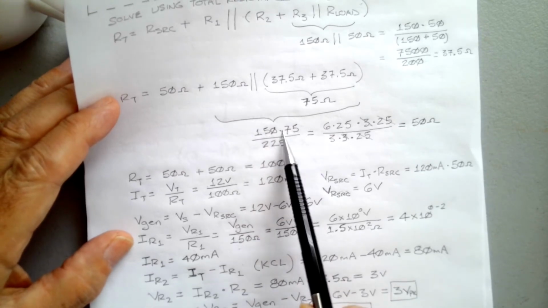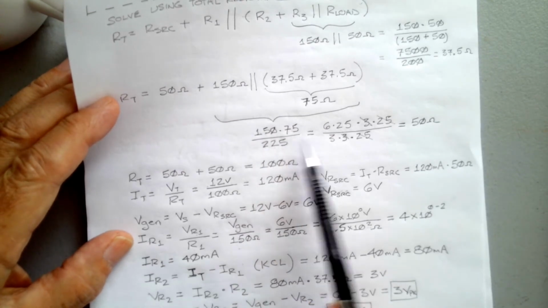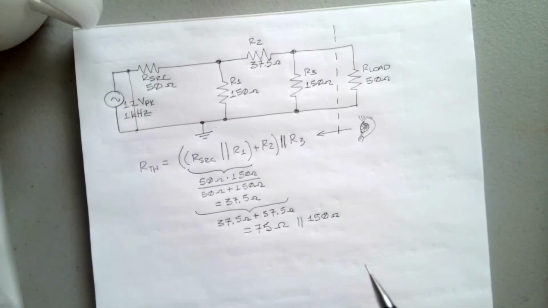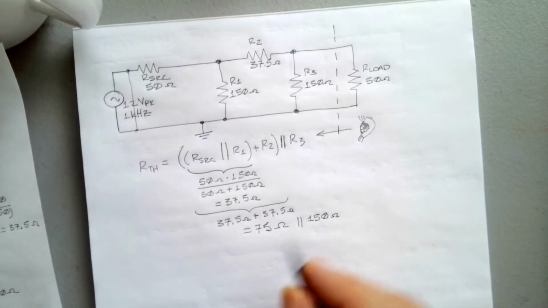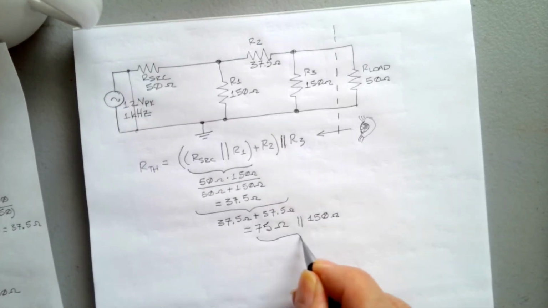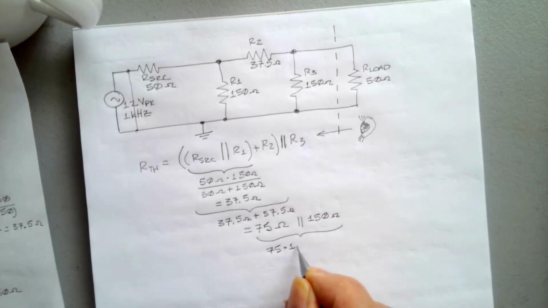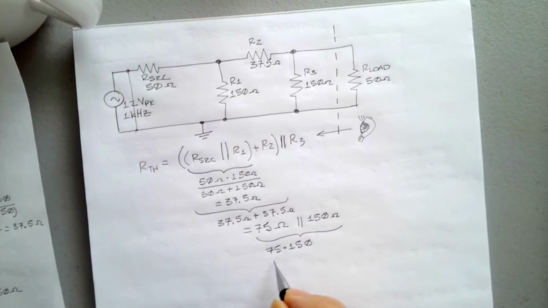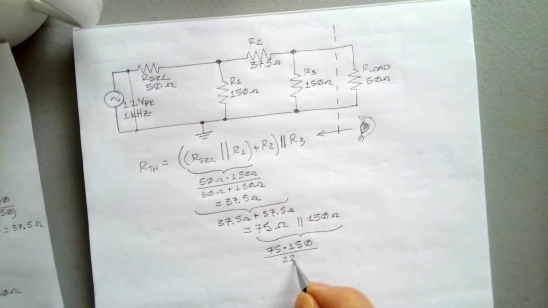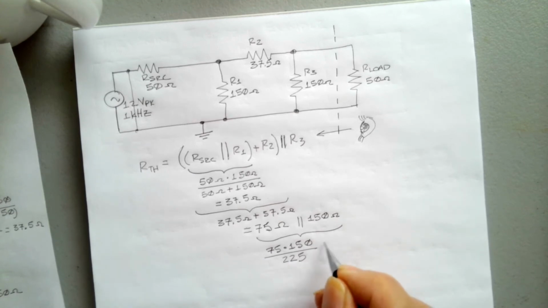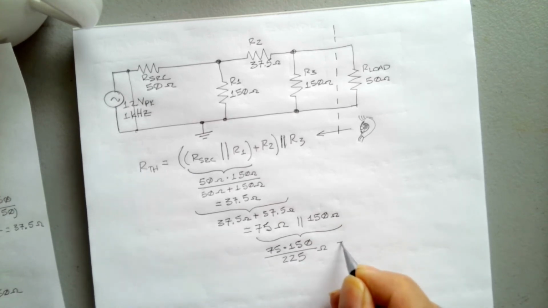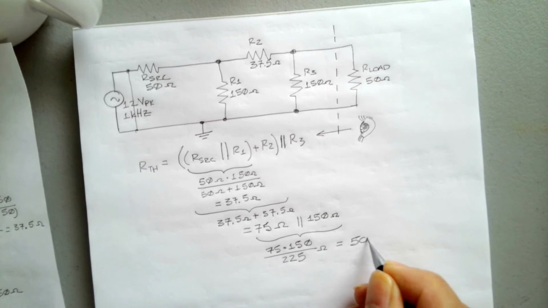We had 150 times 75 over 225, and it came out to be 50 ohms. So when we do this again, we'll do the same thing: 75 times 150 over 75 plus 150, that's 225. And this will be ohms, and that's going to be equal to 50 ohms.